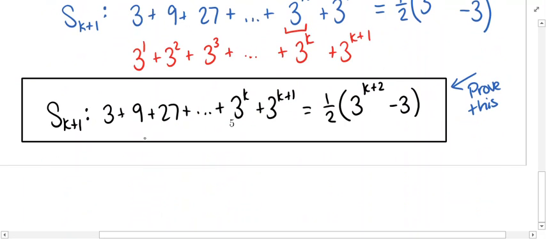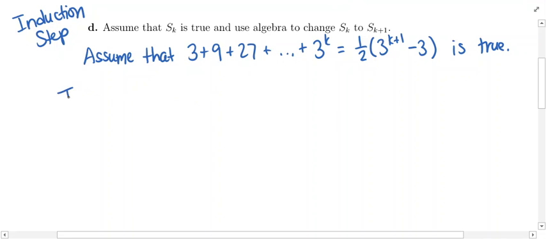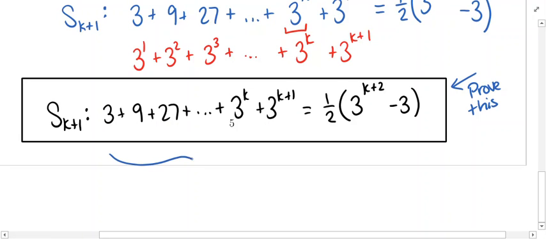To start the proof, we're going to write down the left side of the equation in part C. So start writing the left side: 3 plus 9 plus 27 plus, you need this term, 3 to the k, plus 3 to the k plus 1. That is the left side here.